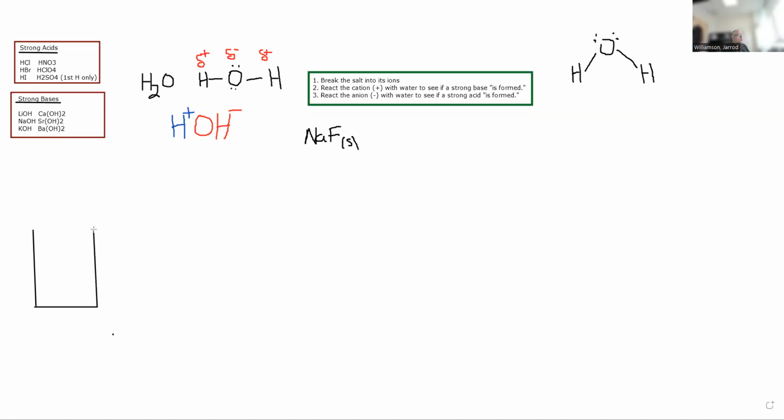I'm going to draw a beaker of water. And then I have some sodium fluoride crystals, in a spatula. Then I'm going to take those solids and drop them into the water in here.